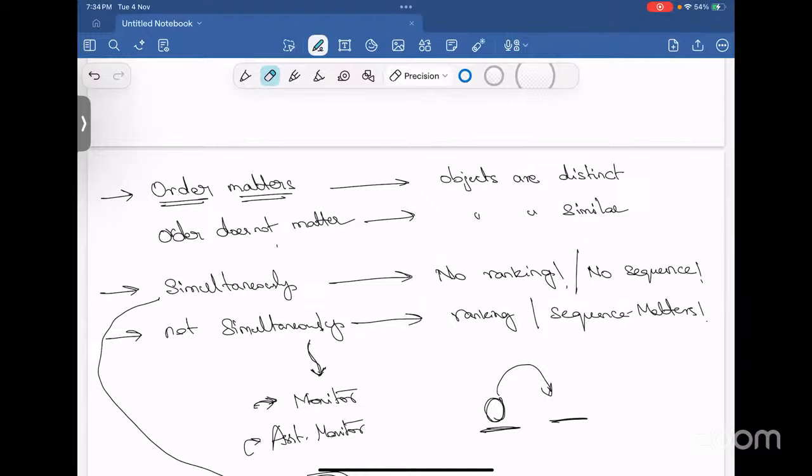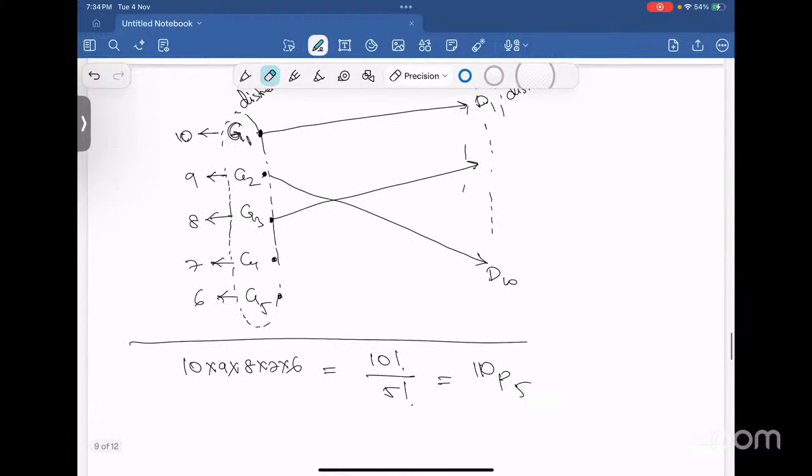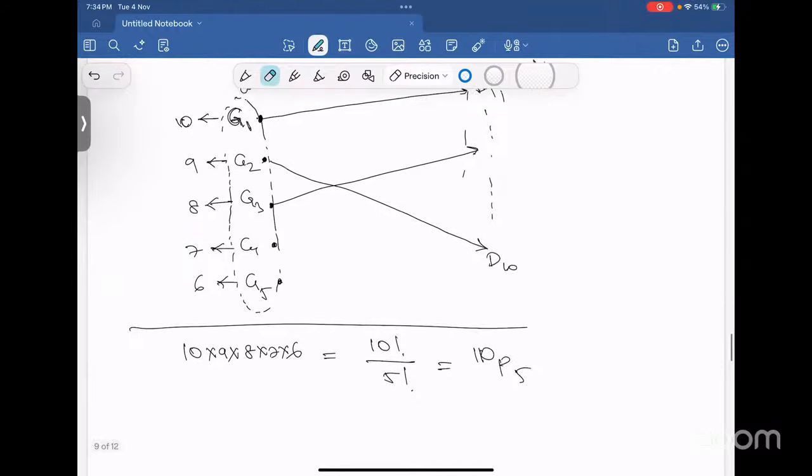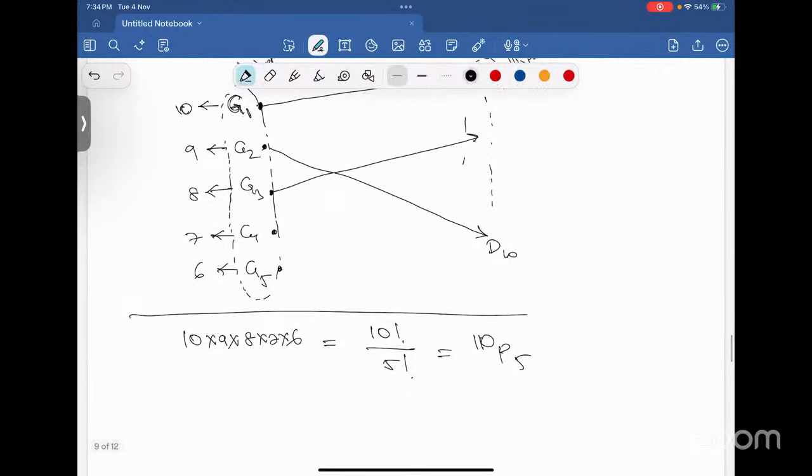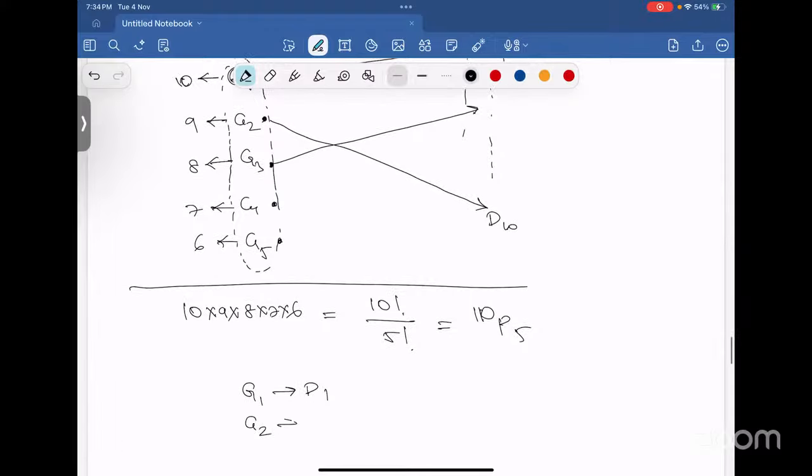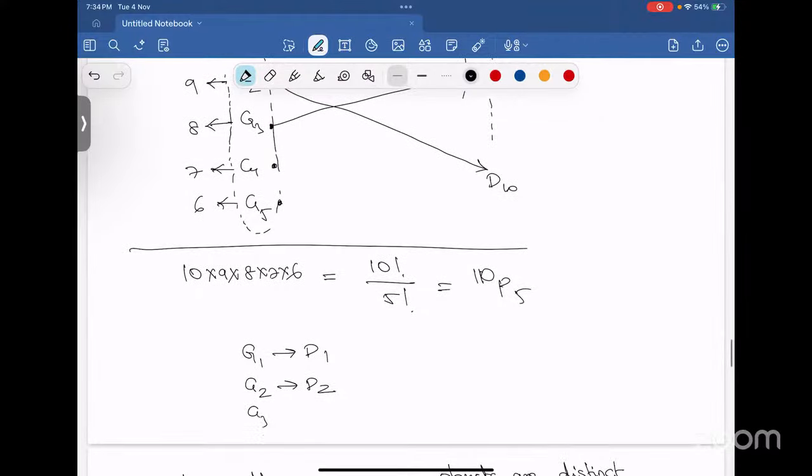Okay. The example was this one. G1, D1, G2, D2, G3, D3, G4, D4, and G5, D5.